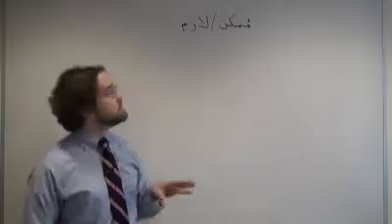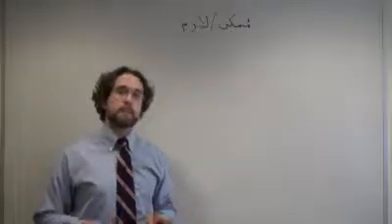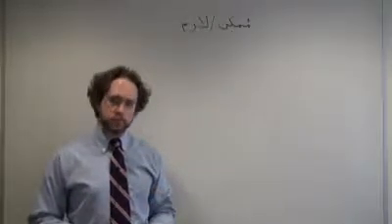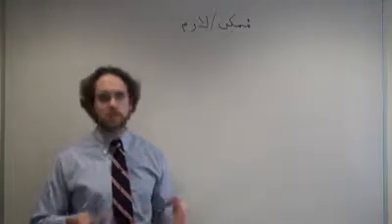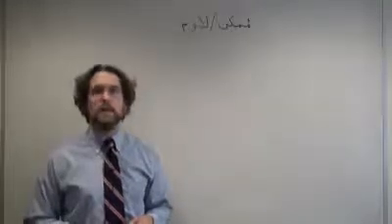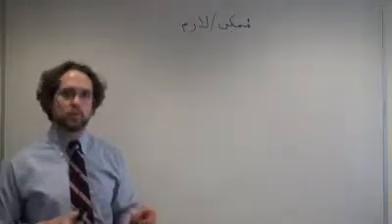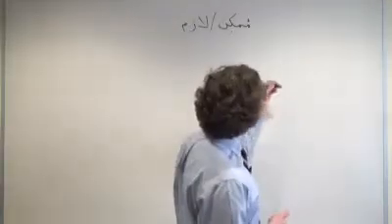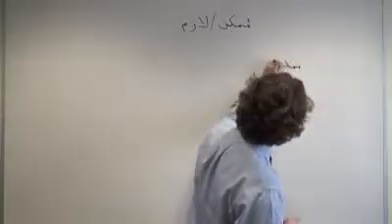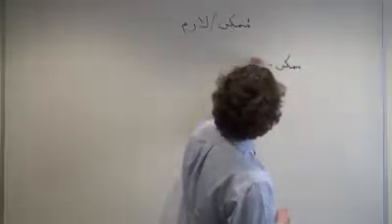bit at the end. In this video, I'm going to assume that you have control of how to conjugate a verb in the present tense, and that you have picked your dialect, Egyptian or Levantine, and have a sense of how verbs work ordinarily. So mumkin is used to express possibility. It could mean maybe.